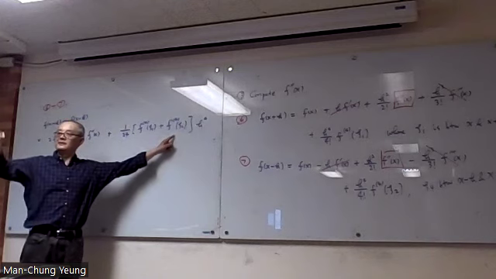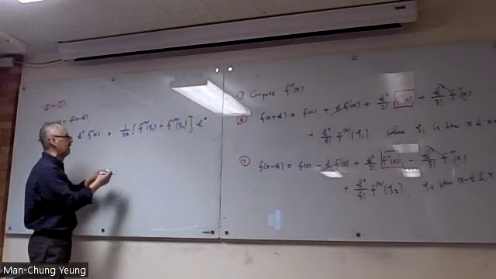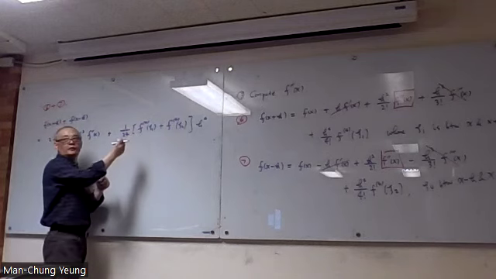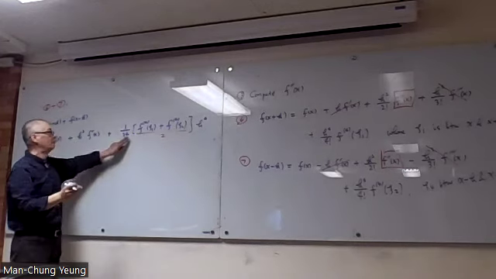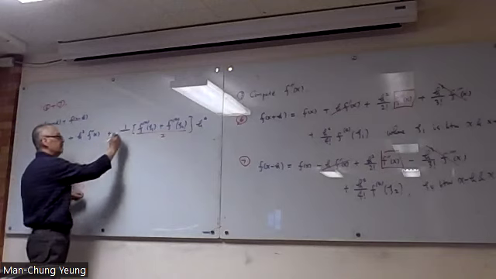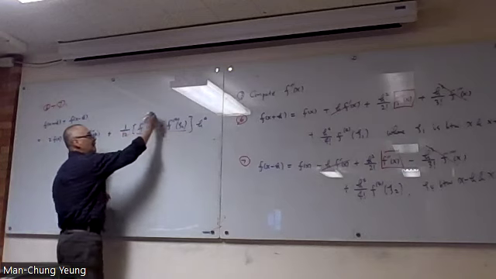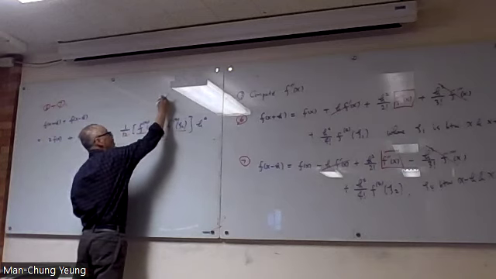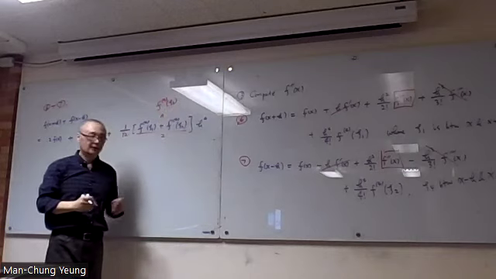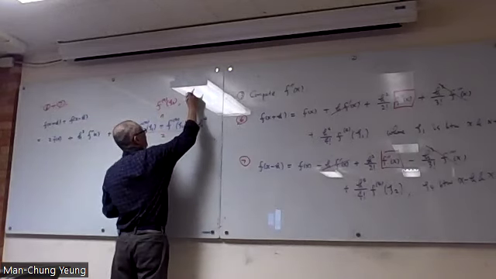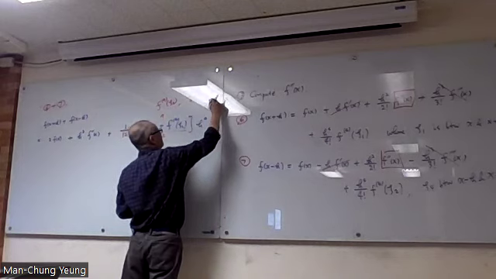Just like before, let me combine these two terms together. Let me write this as 1/24 times 2, then this is 12, so 1/12 times the average. This is a fourth derivative evaluated at some point psi 3. What is psi 3? Psi 3 is in x minus h, x plus h.